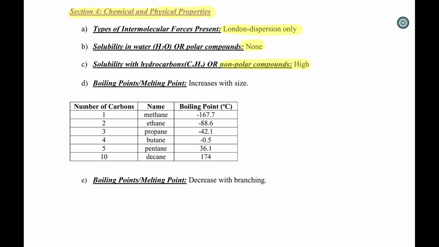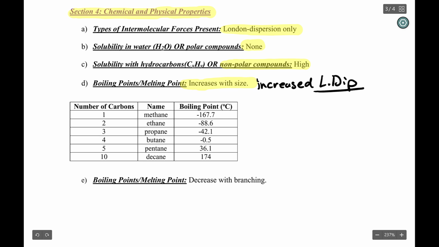This makes it easy to figure out how the melting point and boiling point change for alkanes. Simply, the bigger the molecule gets, the higher your boiling point is going to be, due to increased London dispersion forces, which are based 100% on the number of electrons inside of the compound. So the more electrons, the bigger it is, the bigger the polarization of the electron cloud, and the boiling point increases.